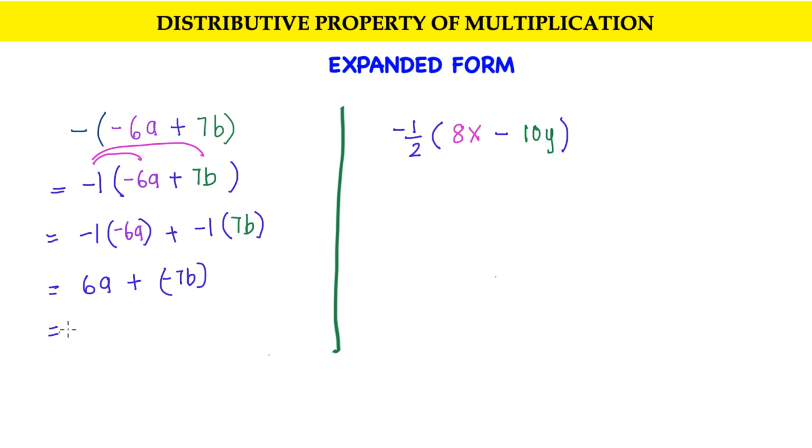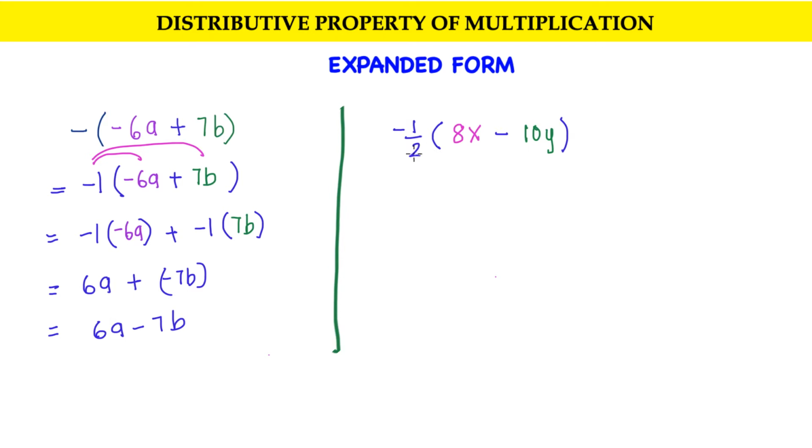And we can simplify this even further by writing this as 6a minus 7b. Now another way you can think of this is when you have negative of this expression, you can basically take the opposite of every term inside the parentheses. So opposite of -6a is +6a, and the opposite of 7b is -7b. Now let's look at the next example.